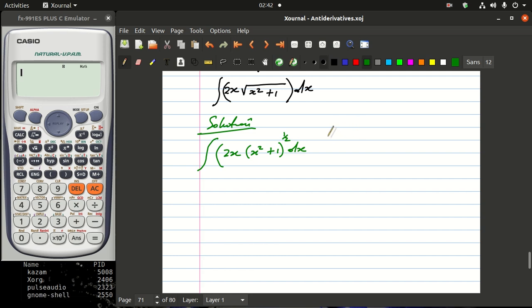What I can tell you here is that if I were to focus only on this function here, which is 2x, I can find the integral of this function.